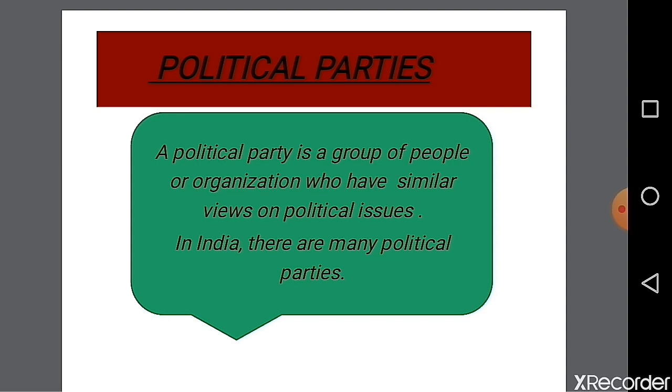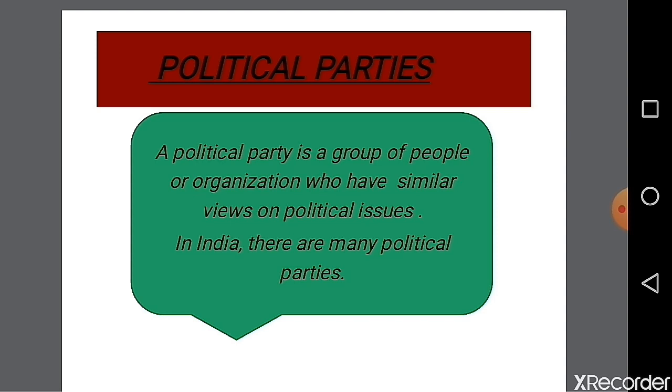Okay, they want power, and you will be amazed after getting to know that India has more than 2500 political parties which are registered in Election Commission of India. So we get to know about few of them like BJP, Congress, JMM, JDU.